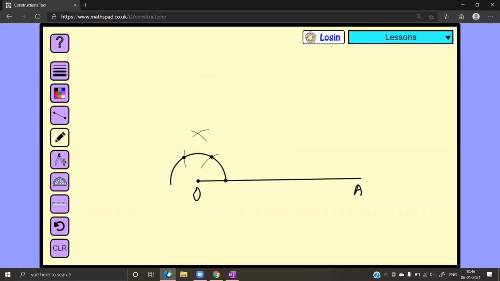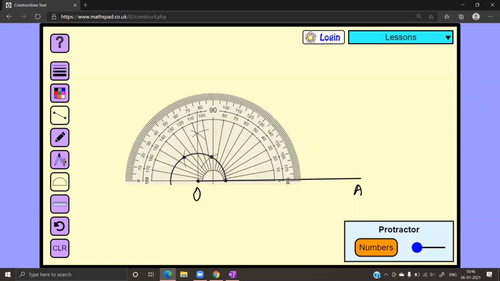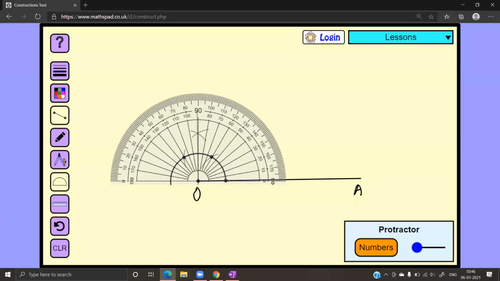If you want, you can draw the line representing 90 degrees as a dotted line. I'm just going to draw it roughly here. Use your protractor, verify. So this here is 90 degrees. Once you have verified, let's proceed to the next step.